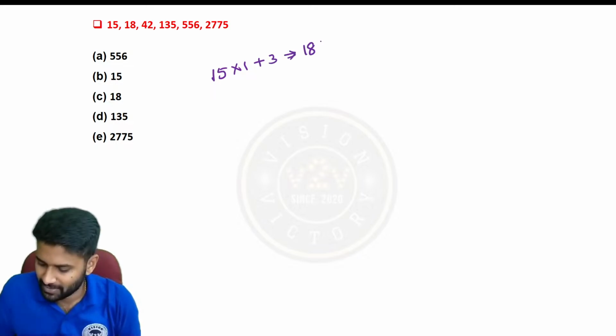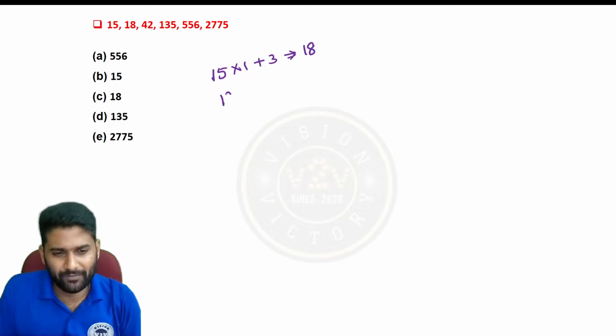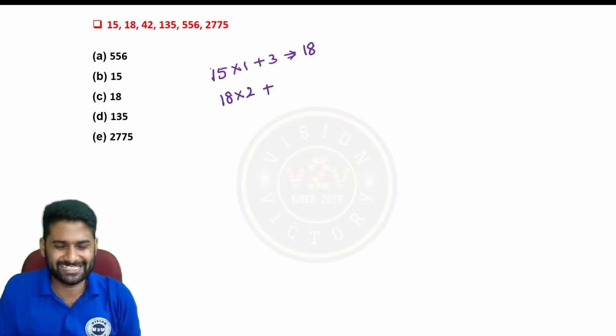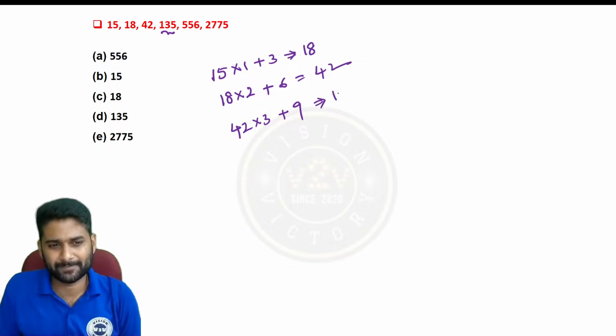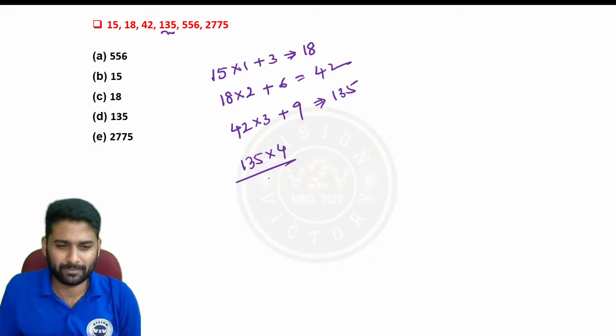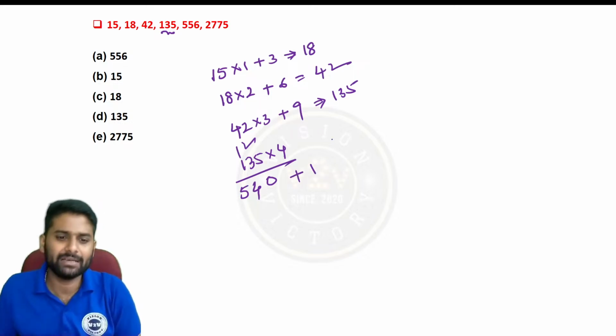If 15 becomes 18, we have only one possibility: 15 is multiplied by 1 plus 3... 15 multiplied by 1 plus 3 is 18. Now 18 multiplied by 2 is 36, and 36 plus 6 is equal to 42. Now 42 multiplied by 3 is 126, and 126 becomes 135, adding 9. Now 135 multiplied by 4 is 540, and we should add 12 units.